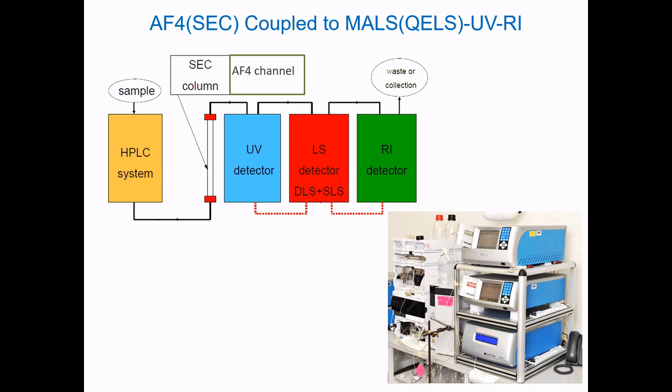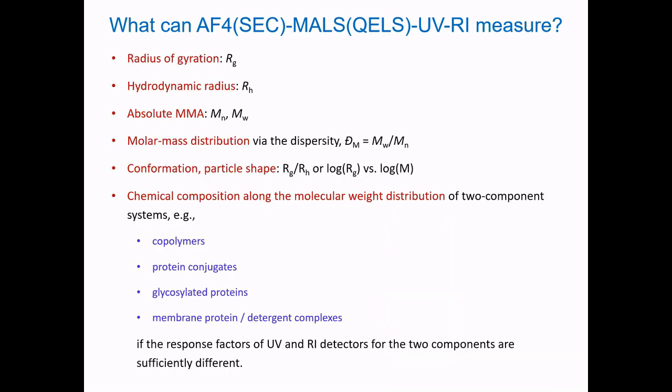These are UV detector as the first concentration detector, multi-angle light scattering with embedded dynamic light scattering module at one of the observation angle, and refractive index detector as an additional concentration detector.